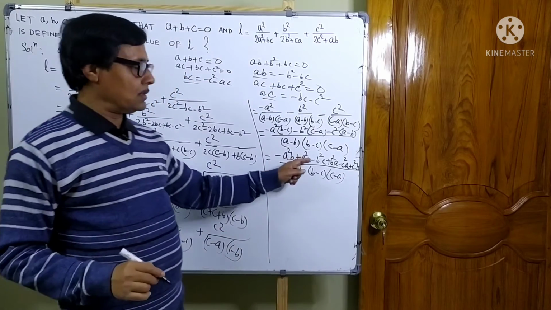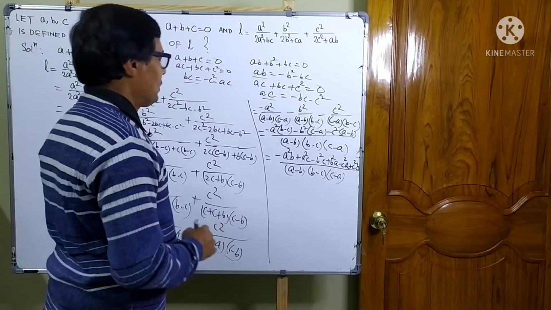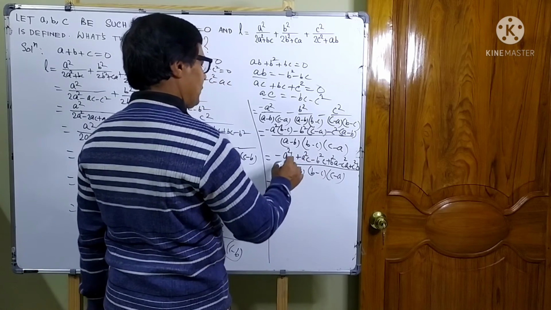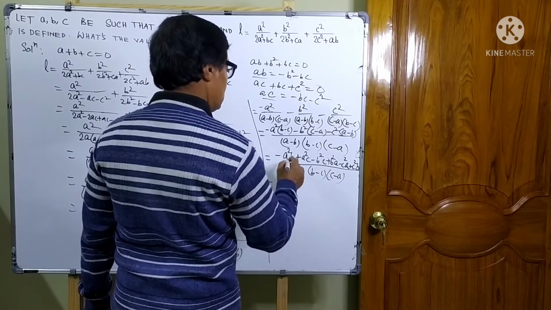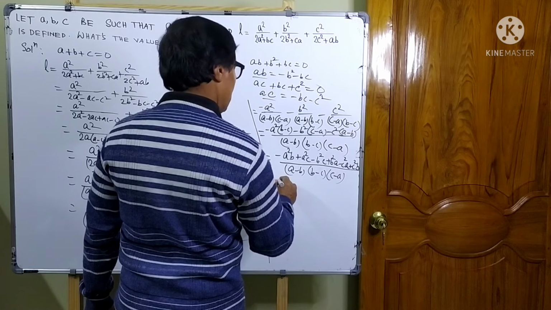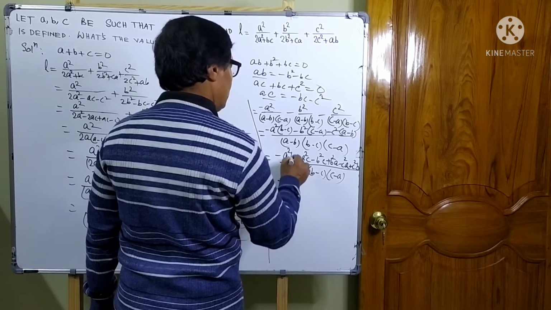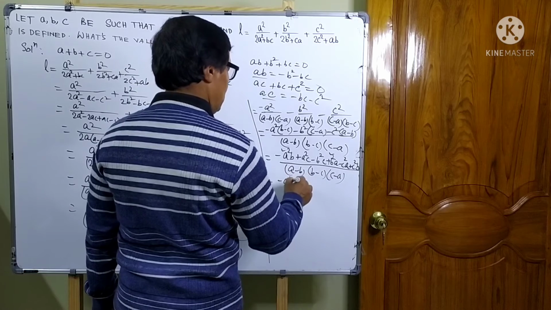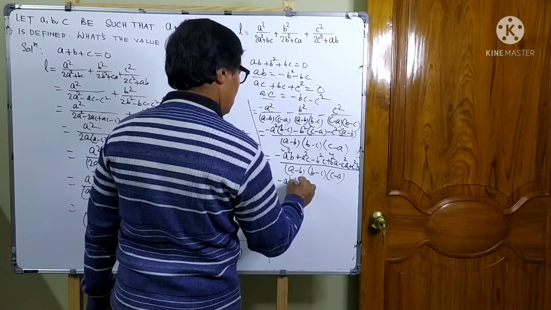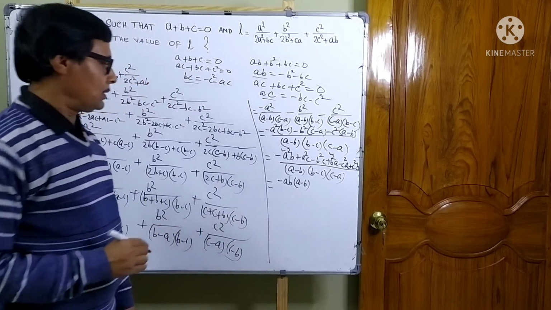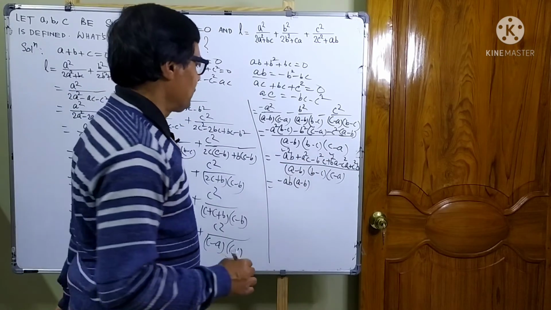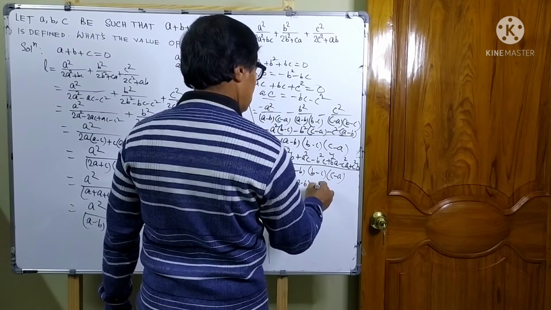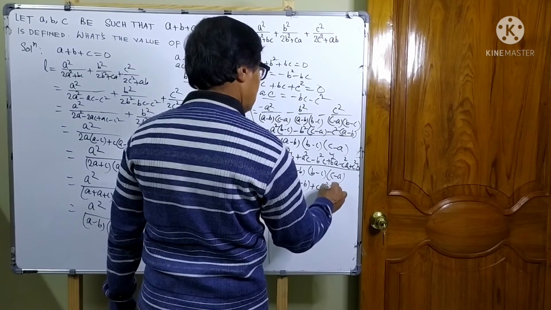Again we can factorize the numerator of this fraction. From the first two terms we can write minus ab multiplied by a minus b. From the next two terms we can write c multiplied by a square minus b square.